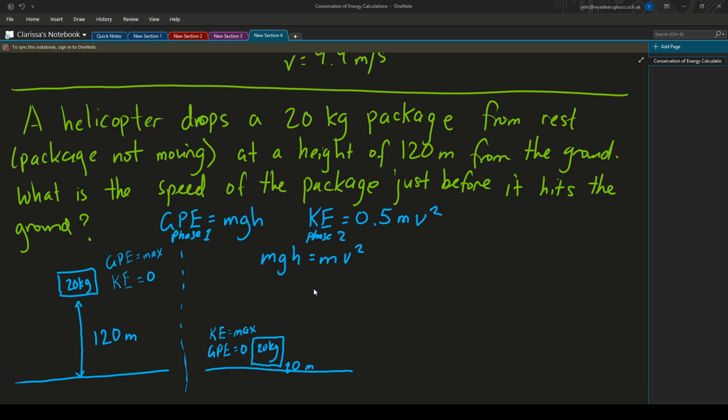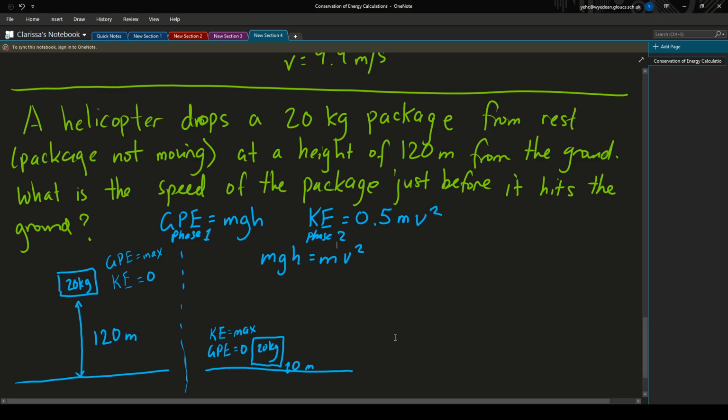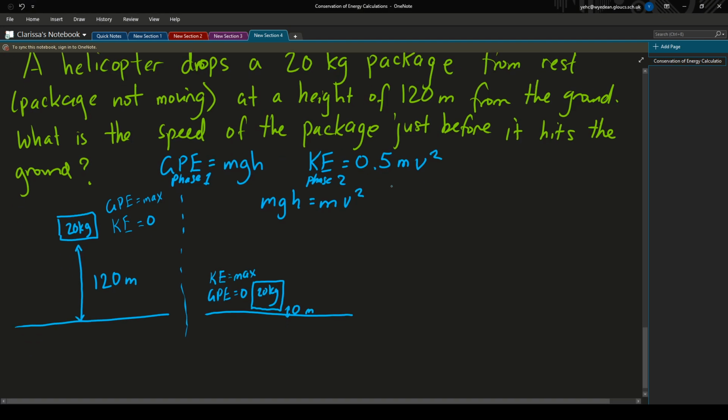So let me just give you the number that you should have gotten for GPE, just so you can confirm that you're on the right track. So GPE should have been the first thing that you're able to calculate, because you're missing speed, and you also don't know what its kinetic energy was in phase 2. But you can calculate how much gravitational potential energy it started with.